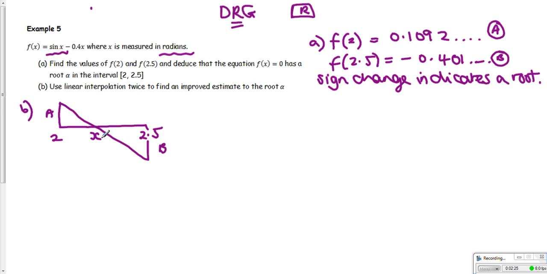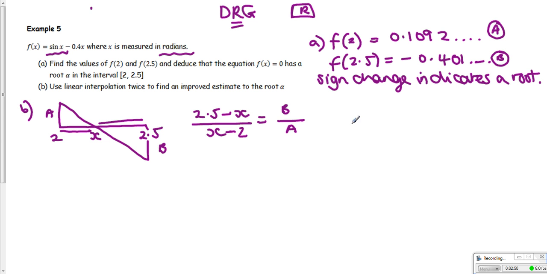So we're after this point X. So ratio of sides, this side here is 2.5 minus X, and this side here is X minus 2, and that's equal to, make sure you get them the same way around, this is B without the minus sign, and this is A.